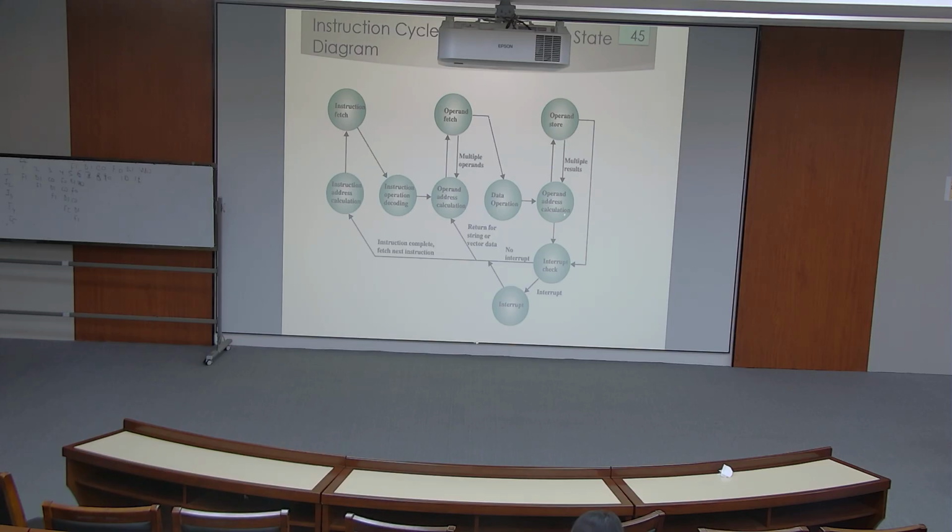Then we have operand address calculation. We need to store the operand, we need to store the result. Then check if there is any interrupt. If there is an interrupt, it has to be handled before the processor fetches the next instruction to be executed. So the only thing that has been added to this diagram is this interrupt part.